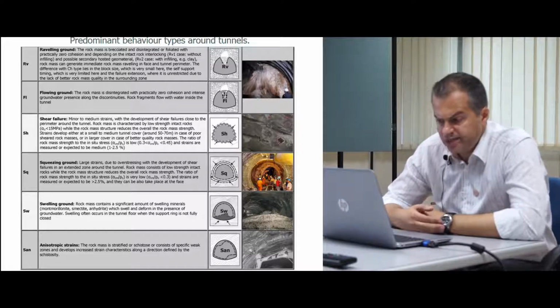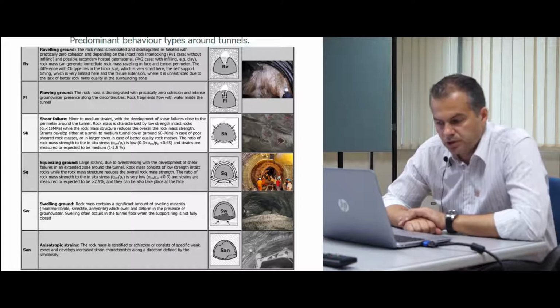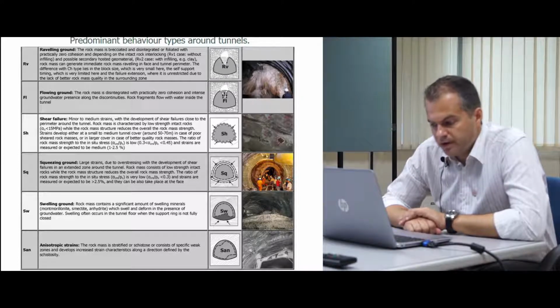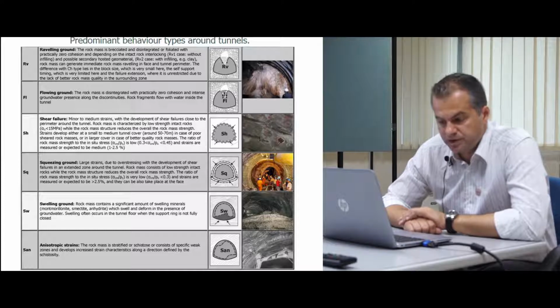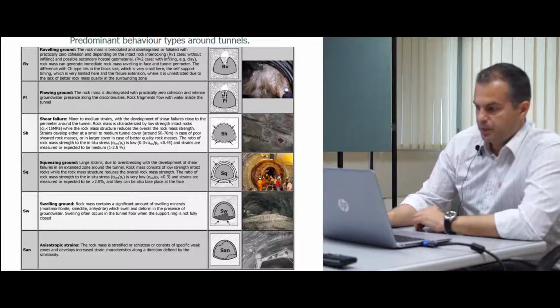And the last case, when we may have some stratified or schistose weak rocks or weak zones along the rock masses, then we may have some shear zones developed in a direction defined by this schistosity. So we have anisotropic strains here.